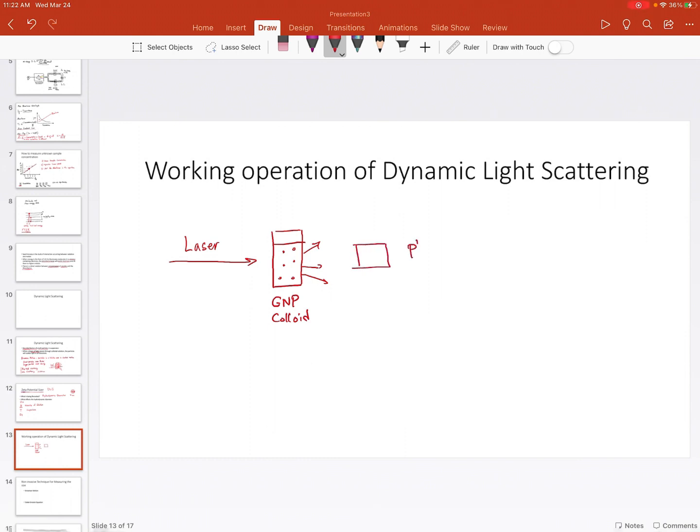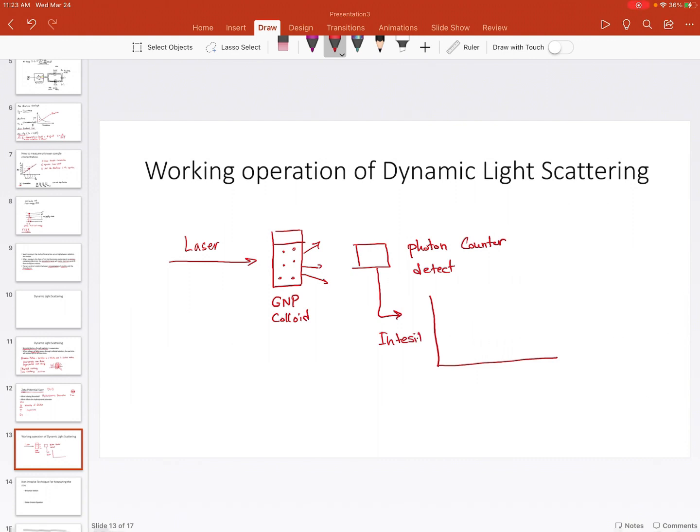And the detector, which is a photon counting detector, will detect this scattered light in one of those directions, and it will give us a graph. The final graph that we get using dynamic light scattering will look like this.